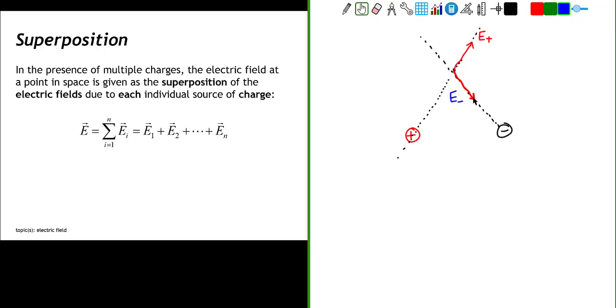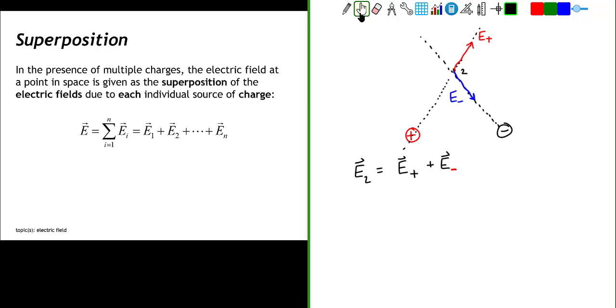We can now do superposition to find the net electric field at that point. Let's call this point 2. And we know that the electric field at point 2 is going to be based off of the superposition of the electric field due to our positive charge and the electric field due to our negative charge.